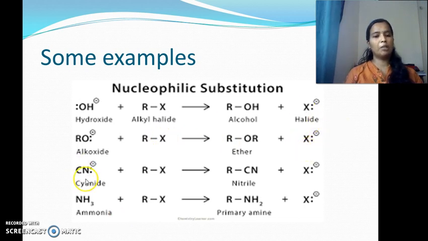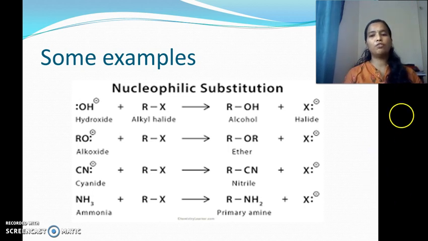If it is CN minus, again CN gets attached to the carbon atom and the halogen atom departs. And if it is ammonia, ammonia takes the position of the halogen atom, and the halogen departs as halide ion. So these are various nucleophilic substitution reactions involving various nucleophiles.